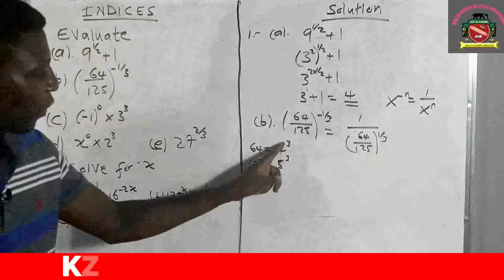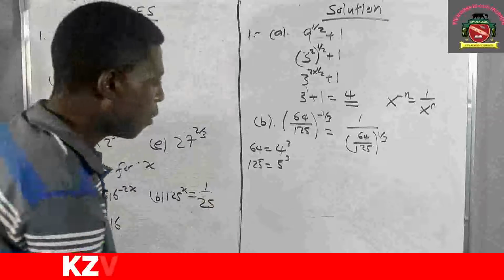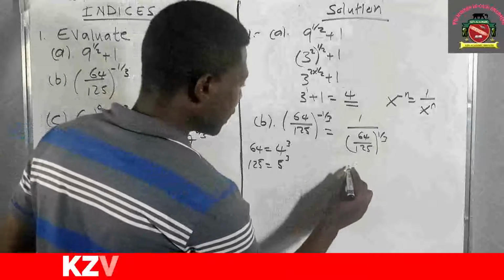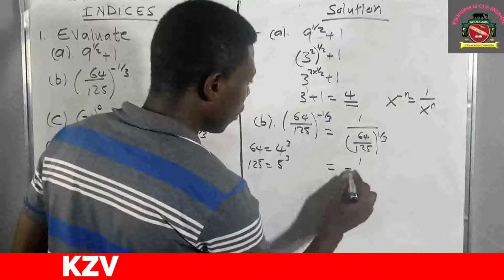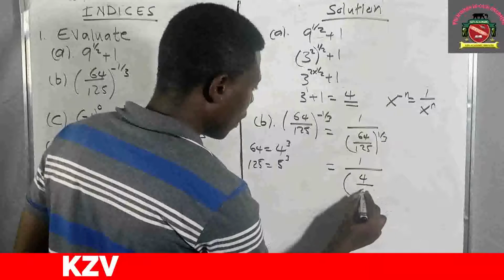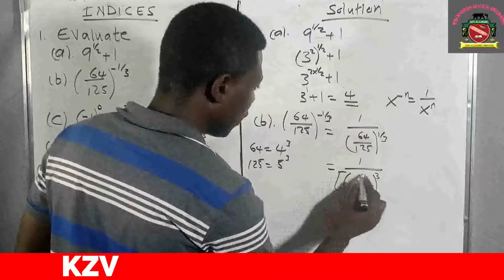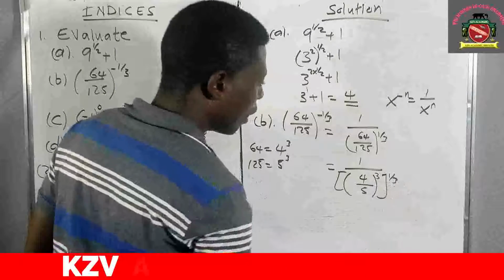Now you can see that here they have the common power, meaning that here we can just say it's the same as 1 over 4 over 5 to the power 3, and everything is raised to the power 1 over 3.